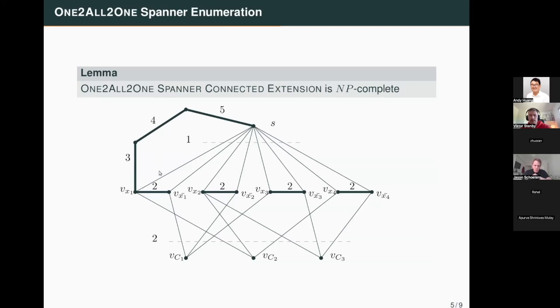So I didn't add it for every vertex here, just for the leftmost one. But these little paths, 3, 4, 5, they're added everywhere. And we consider that these are part of the partial solution as well. And so you can see that the partial solution is connected. But the main difficulty from before is still present. S still has to reach everyone, and it cannot do so with these newly added edges because of this temporal dimension of the edges.